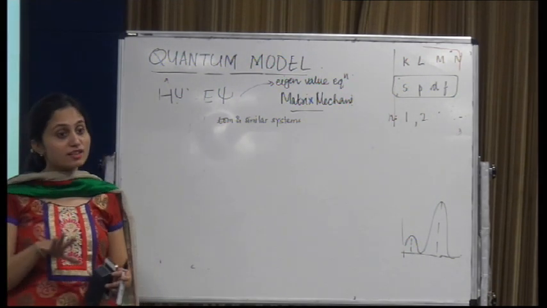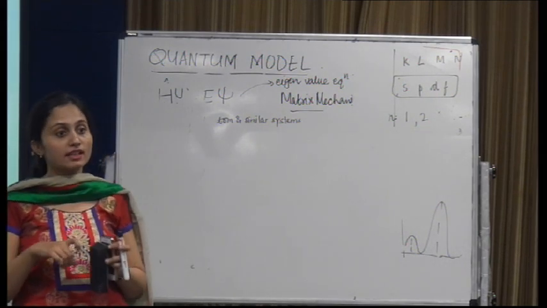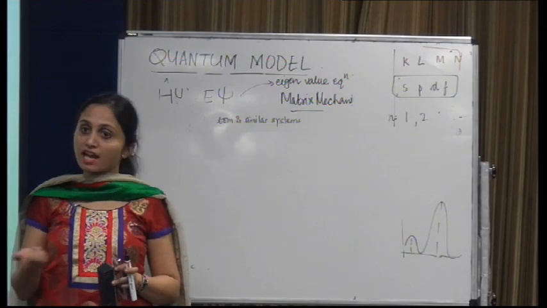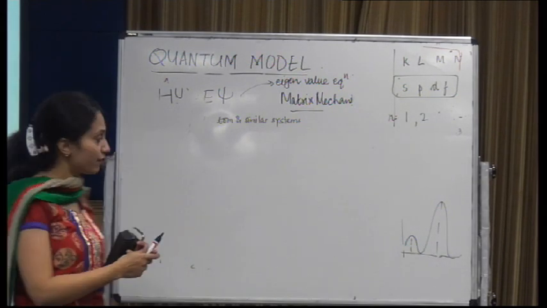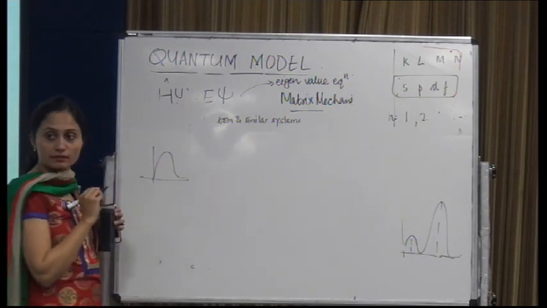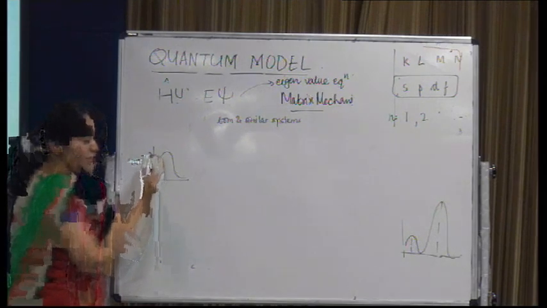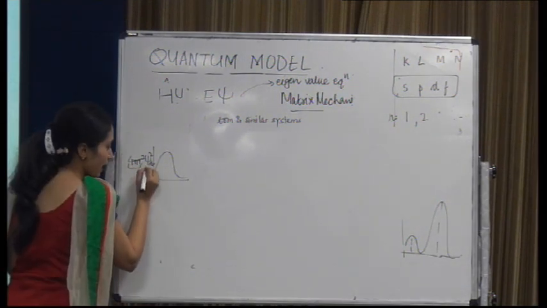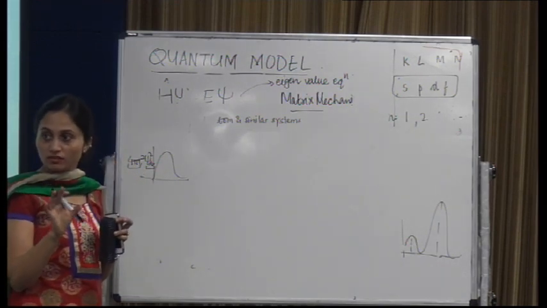So why is it not giving you the correct result even after this? Because you need to consider the volume element, and the moment you consider the volume element, you get the correct interpretation from the graph, because it turns out to be something like this, right? And on the y-axis you have 4 pi r square psi square dr, where 4 pi r square into dr is your volume element. Okay?